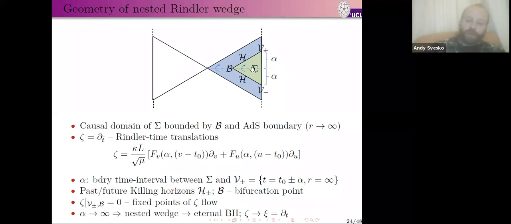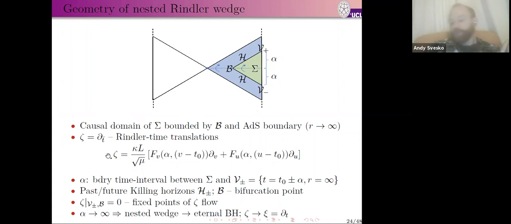So the Schwarzschild coordinates inside here are given by r bar and t bar. And this AdS-Rindler wedge is generated by a Killing vector zeta, which is just equal to the Rindler time translations, d/dt bar. And we're interested in what zeta looks like with respect to the coordinates of the eternal black hole.